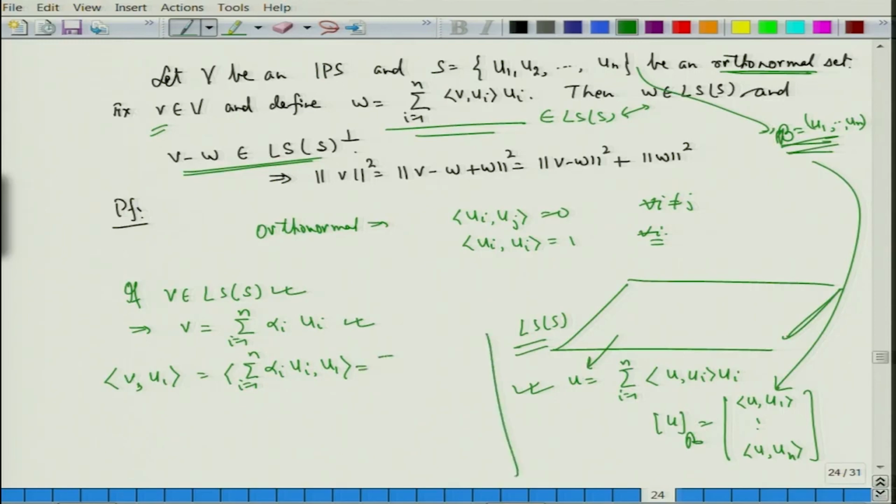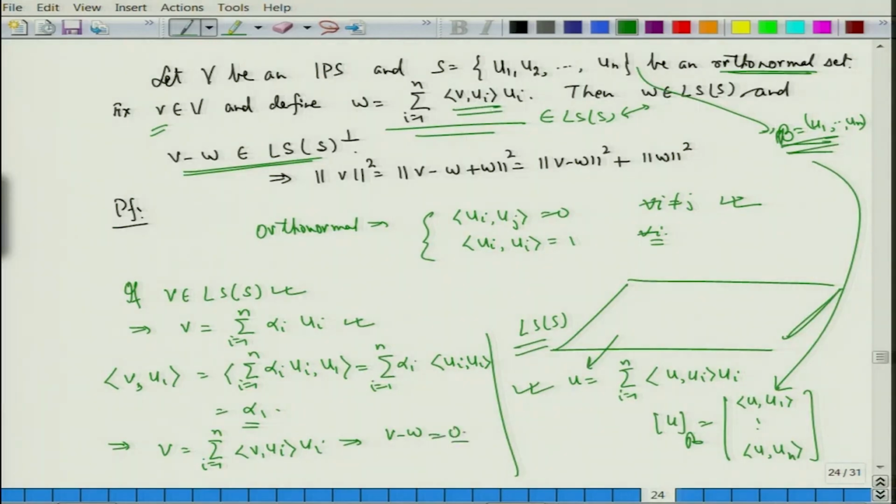By the definition of inner product, I can take out scalars, giving alpha i times ui, u1, which will give me alpha 1 itself, because for i not equal to j it is 0, and for the other part, because of orthonormality, I get 1. So alpha 1 is this, and therefore v is nothing but the sum for i equal to 1 to n of v comma ui times ui. If I look at v minus w, w is also of the same form, so it will be equal to the zero vector. Fine.